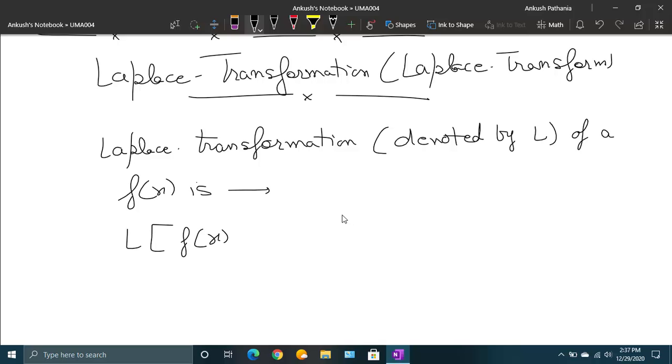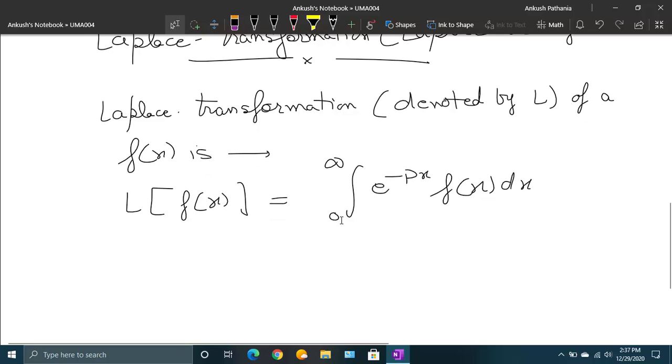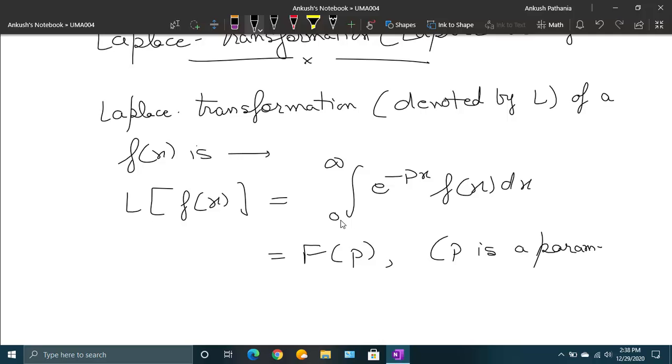You are applying an operation on the function f(x), and this operation is of this form: integral of e raised to power minus px f(x) dx. On applying this operation you get some function in terms of the parameter p, where p is a parameter, a real number.